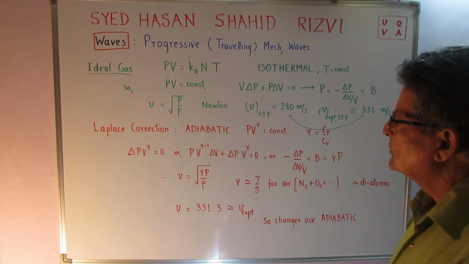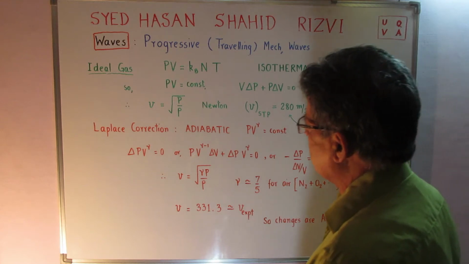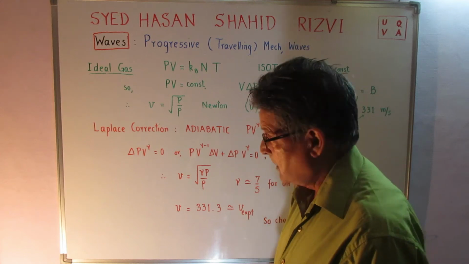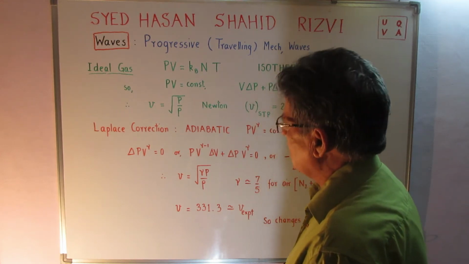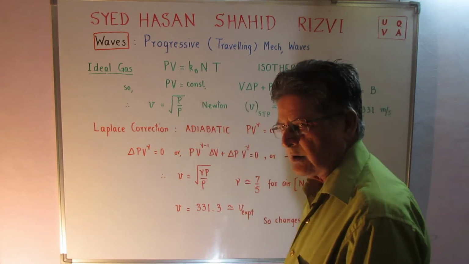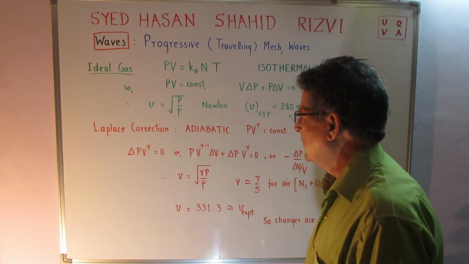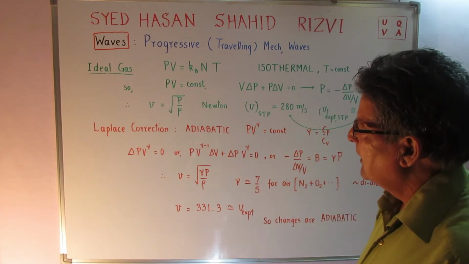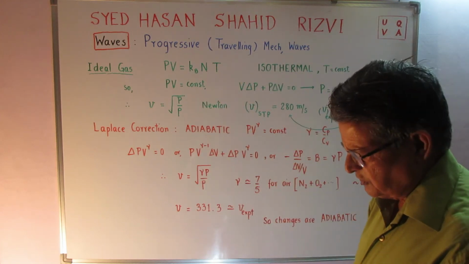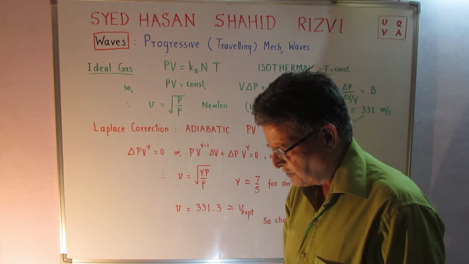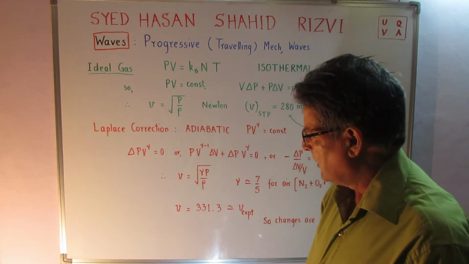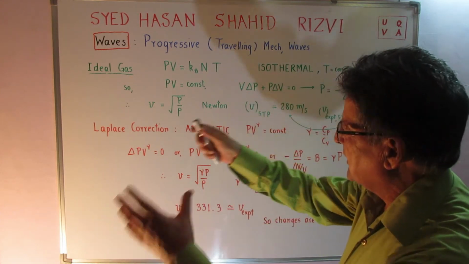So as I told you in the last frame, v is equal to under root B upon rho. Well, this was proposed by no one other than Sir Isaac Newton, the great man, who was a multifaceted person working in multiple directions with a lot of concentration, being divided here and there.